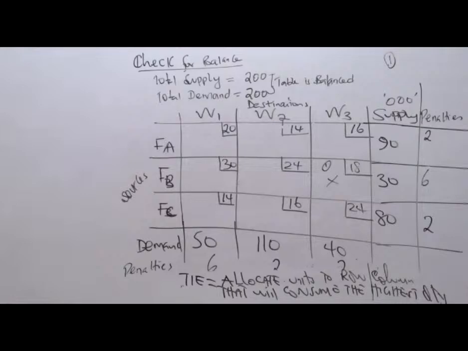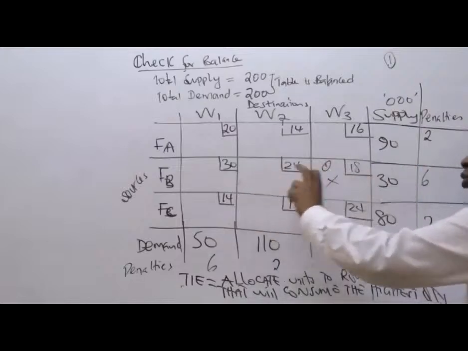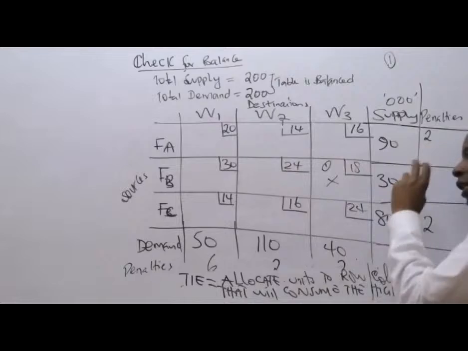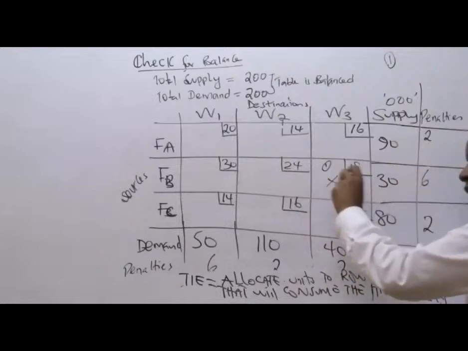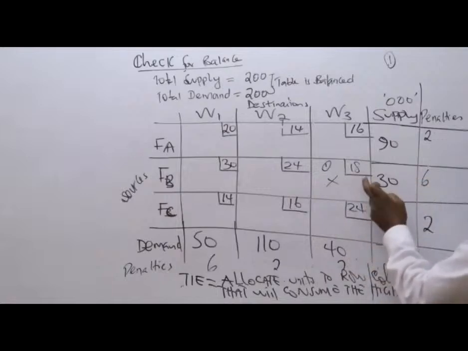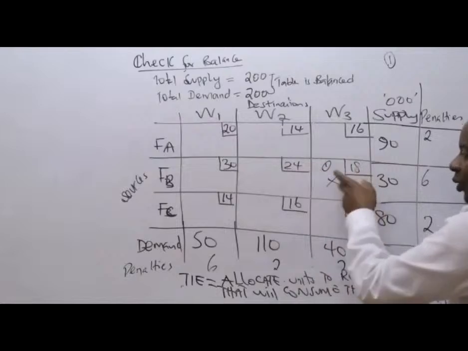So we are saying, ladies and gentlemen, remember that along this particular row, I'll always endeavor to minimize my cost as I walk along it. So the cell that has got the lowest cost is this cell here with 18, 24, 30. When I compare the 3, it's 18.